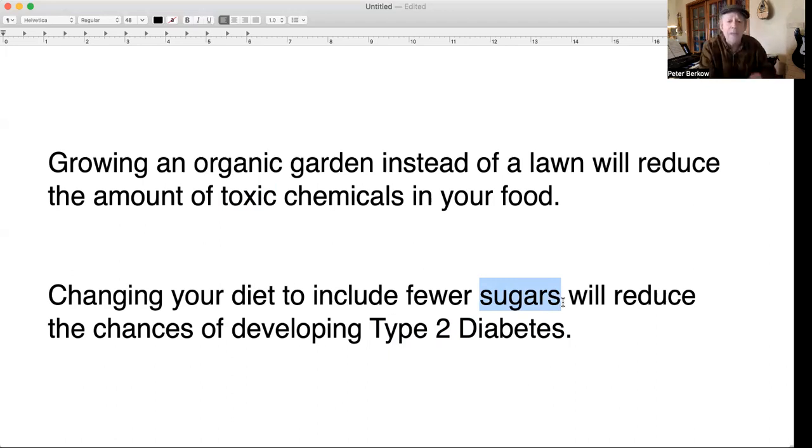What do you mean by fewer sugars for the purpose of your research paper? It could be that you might say fewer artificial sugars or manufactured sugars as opposed to natural sugars. So that might give you an idea of how you would refine and polish your thesis eventually by having more knowledge of what you really mean by this general term sugars.